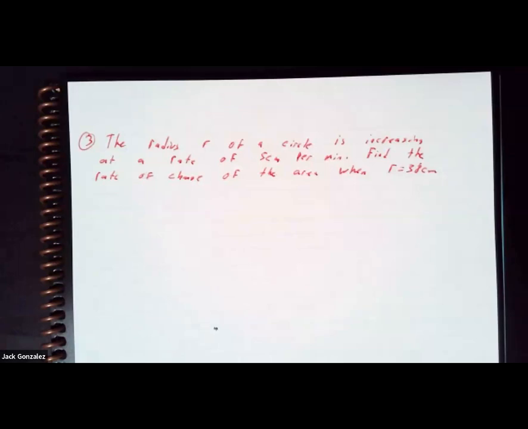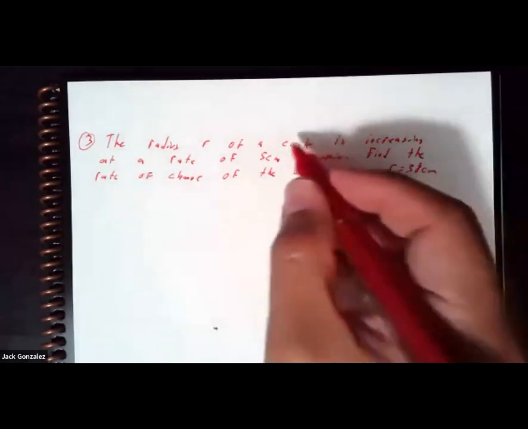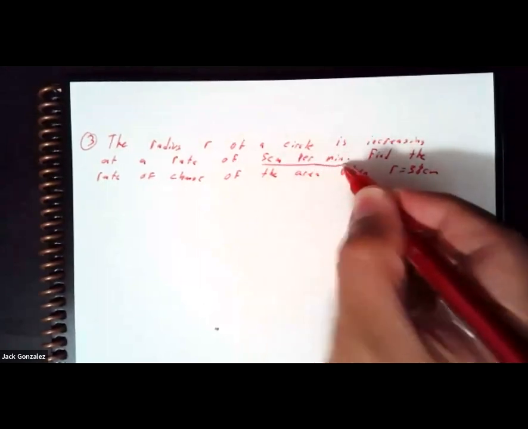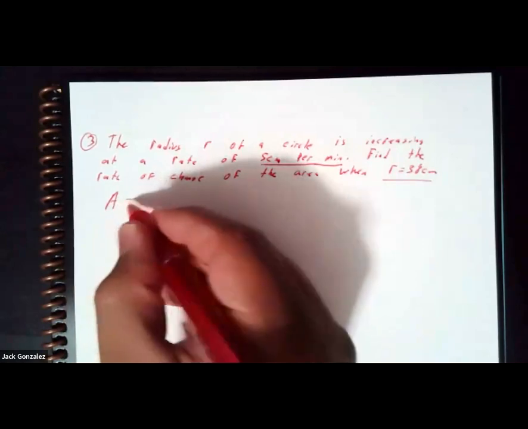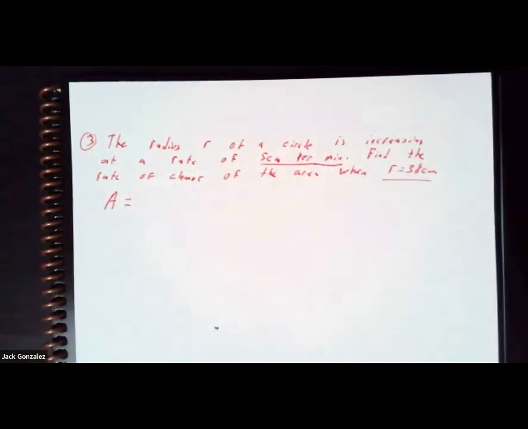Okay. So they're talking about area. Find the rate of change of the area. So that should be your hint. We're going to need this and this. So what is the area of a circle? What's the formula?